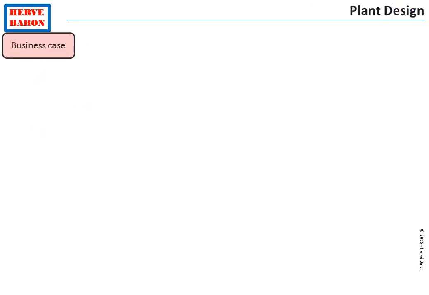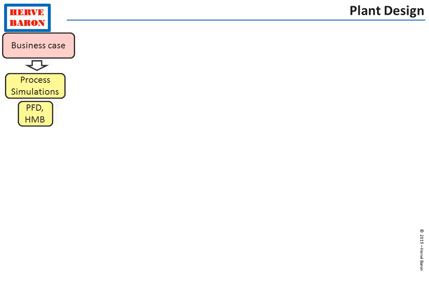I will now give you an overview of how a plant is designed and the sequence of work of the various disciplines. It all starts with the business case. The business case defines the plant capacity, the feedstock composition, as well as the product specifications.